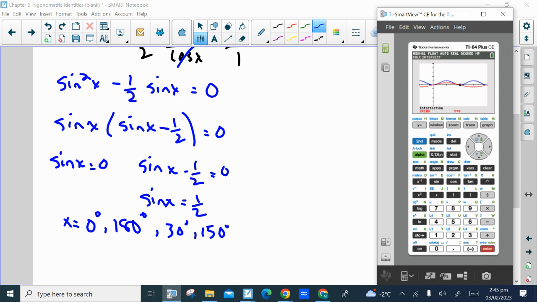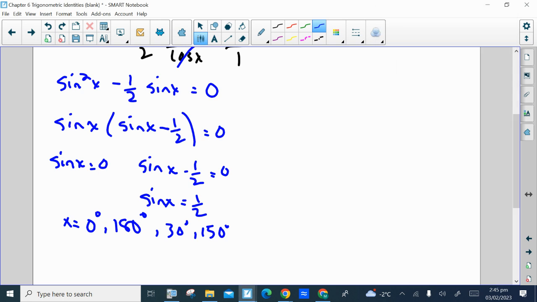And 180 works. The only other point of intersection looks like it's at 360°, but we can't state that because our domain tells us we can't include 360.